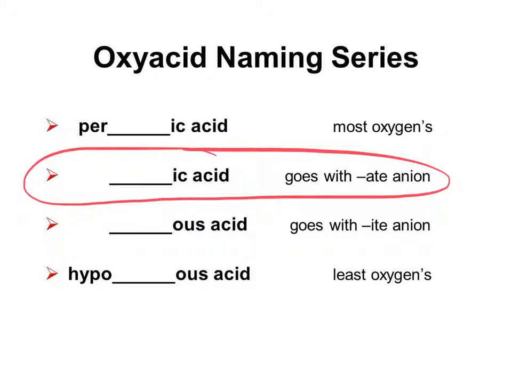Okay. So if you know that one, then all the others are relative to that. So what this is showing you is that if an oxyacid has an anion that ends with ate, we take the name of the anion, remove the ate, and replace it with ic. I'll show you what I mean.